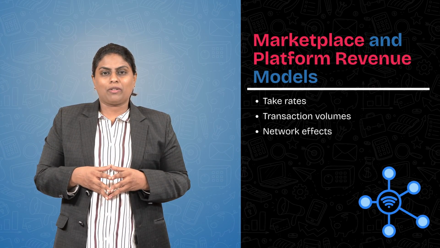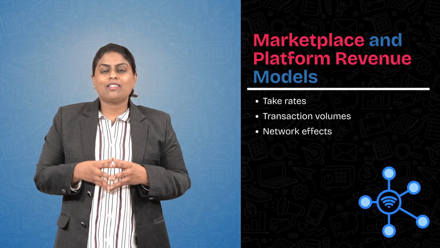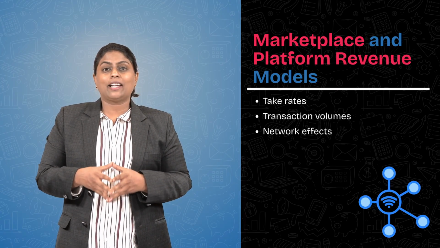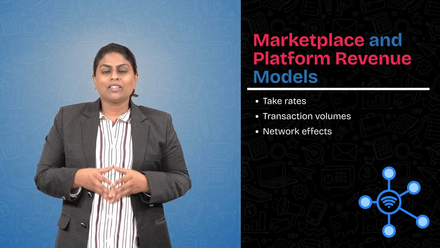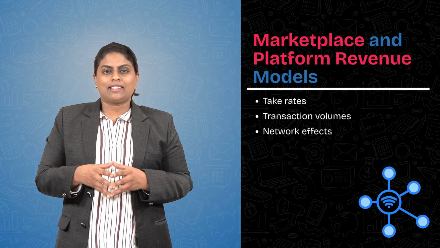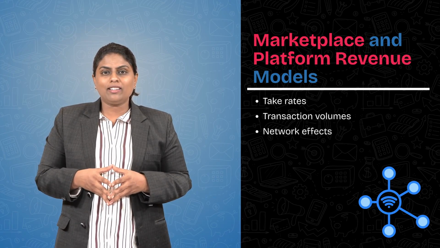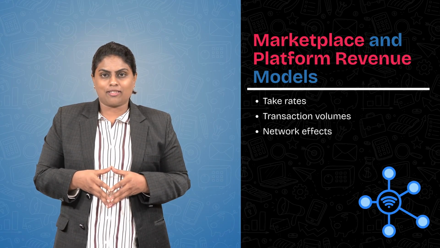Marketplace and platform revenue models rely on healthy take rates and transaction volumes, with unit economics often calculated per transaction or per active buyer-seller pair. These businesses frequently endure high upfront CAC to build both sides of the marketplace but benefit from strong network effects and cross-side retention once a critical mass is reached.